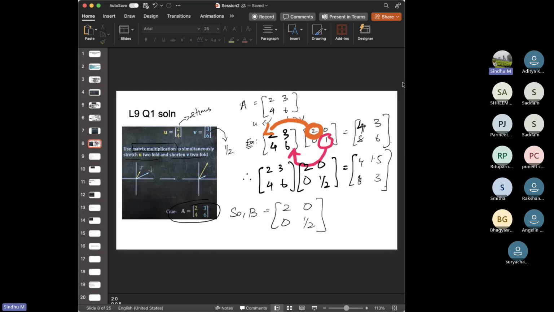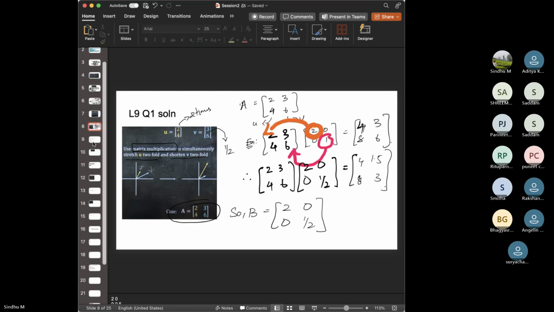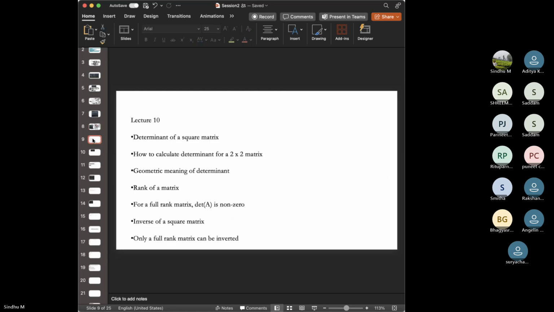Okay, if there are no questions in this, then we can move to the next week's content. So here, this is one of an important concept to find the determinant of a square matrix.